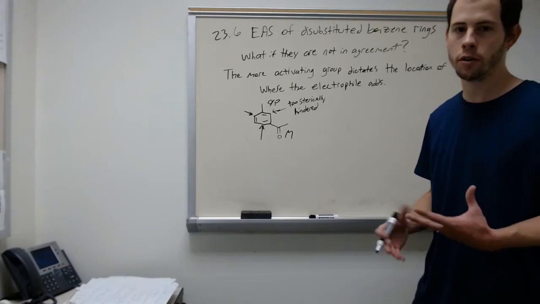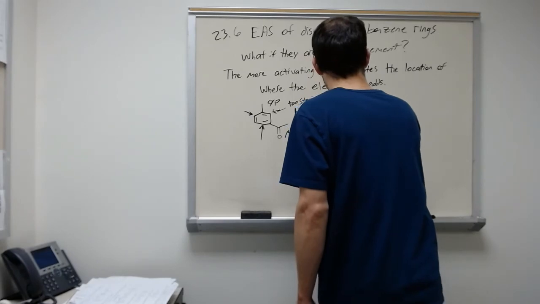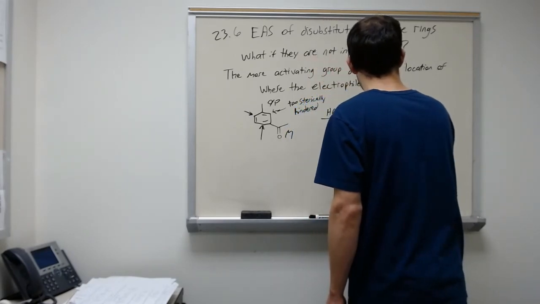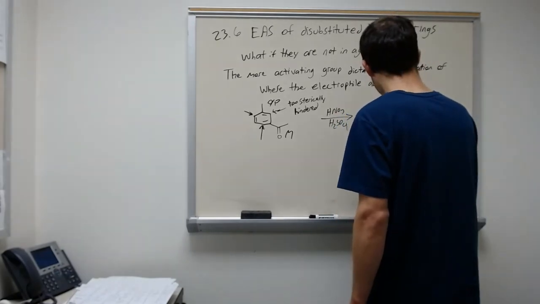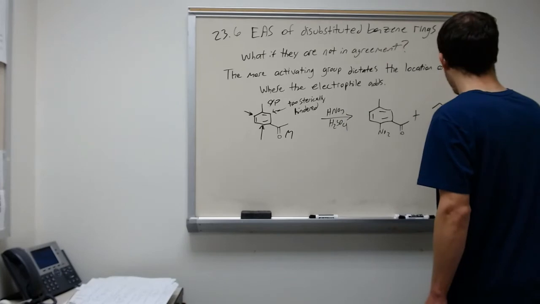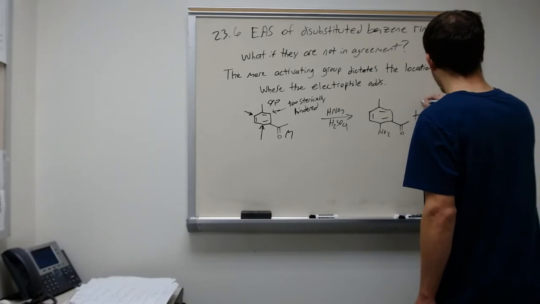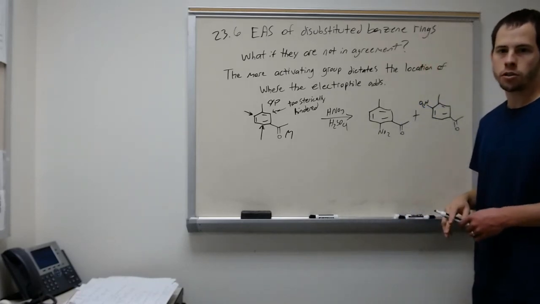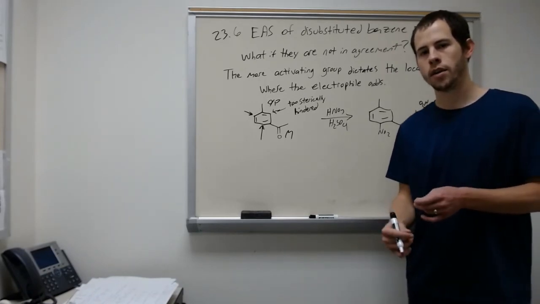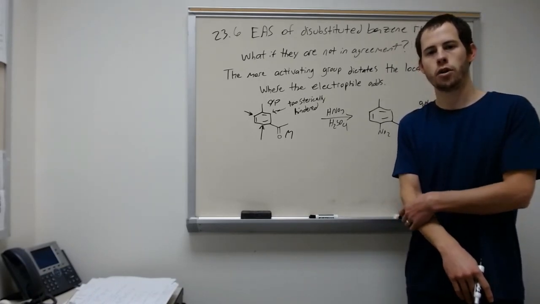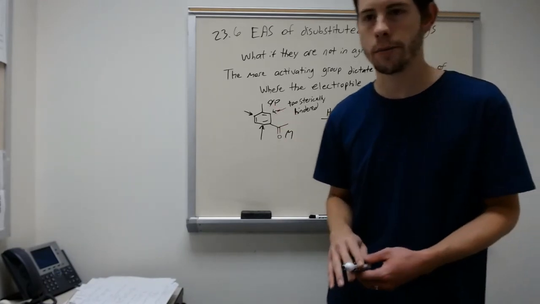So we use this molecule in the nitration reaction, then we're going to get a mixture of these two products here. So again, when they're not in agreement, identify the more activating substituent, and that's where the electrophile will go. It also will not go in between the two substituents due to steric hindrance.